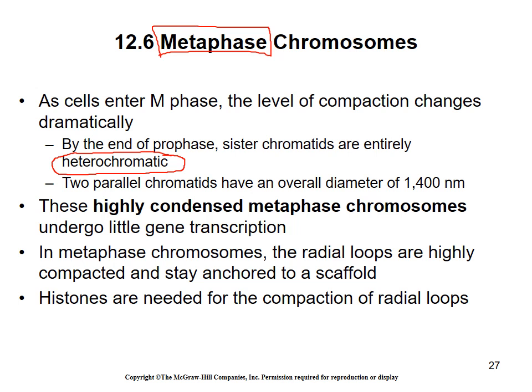So by the time you get to metaphase, all of the DNA is in heterochromatin formation, as tightly coiled as it can be to make it easier to manipulate and obviously disperse the DNA as you get ready to make your sister chromatids.